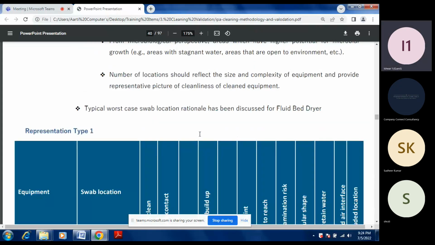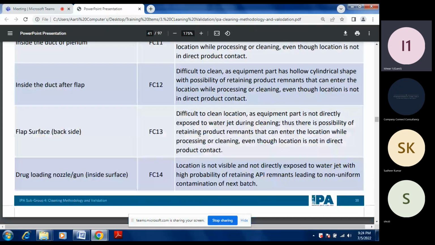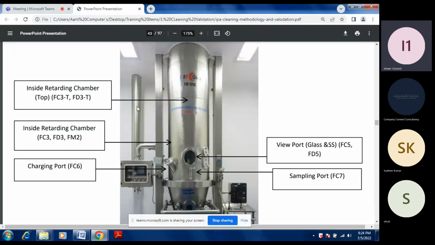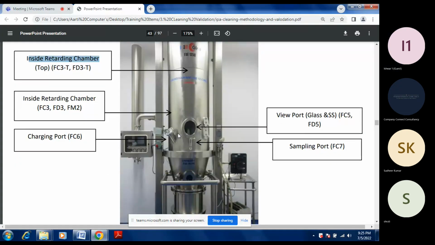As for this part, I already told you the location of the equipment, and this is the whole picture of the FBD, fluidized bed dryer. So this is the retarding chamber. This whole body is called the retarding chamber, and this is the outer side of it. If we see the inside, this is the charging port.